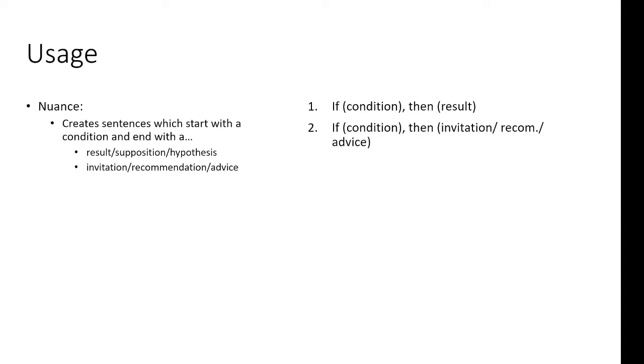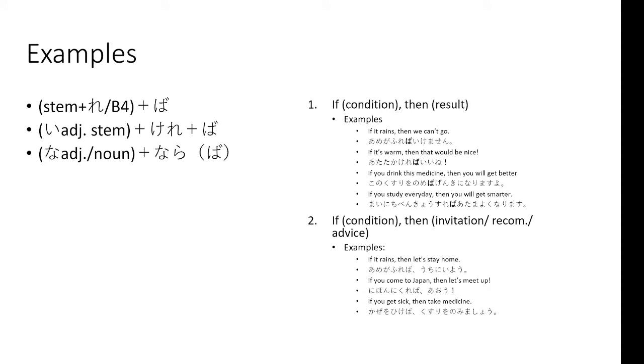Now, ba can also be used if in that second clause you want to give an invitation, recommendation, or a little piece of advice using volitional form. And if that didn't really make any sense, then check out this next slide. Here we have Japanese examples and English examples for this invitation, recommendation, and advice stuff.